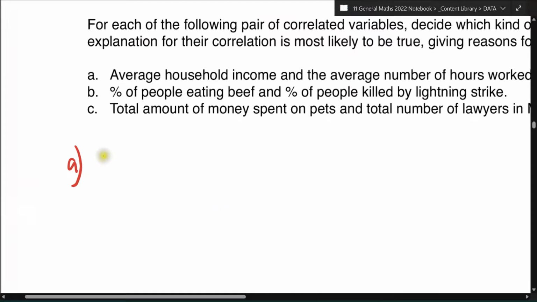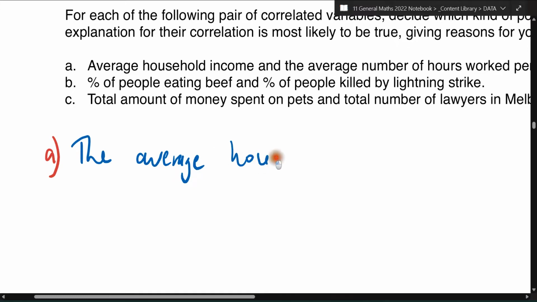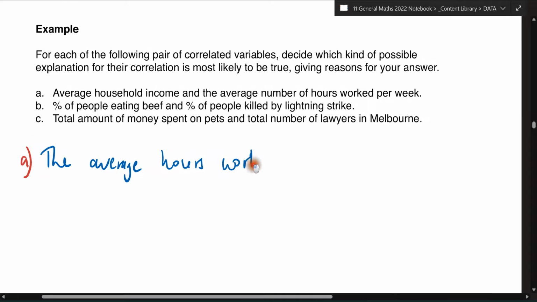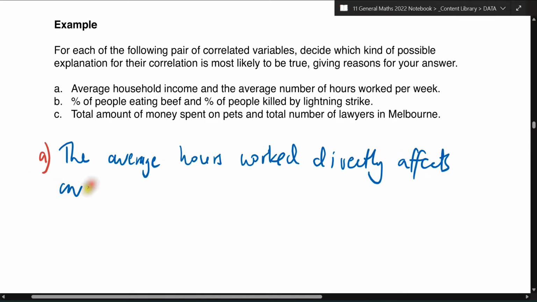You would say the average hours worked directly affects average income. And I would be happy with that because it's a very plausible explanation. It's one that we already understand and know. So there's definitely a connection between those two variables.